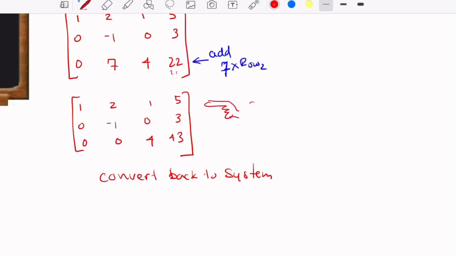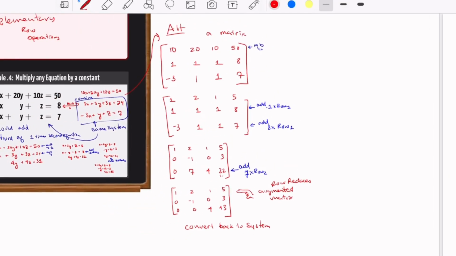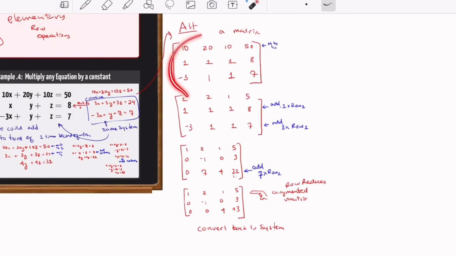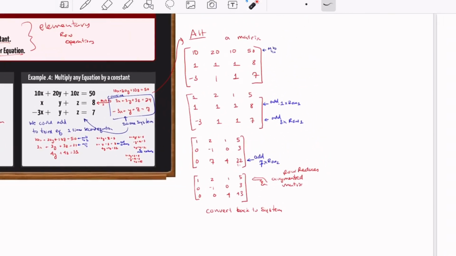Sometimes this is called the augmented matrix. This is called the row reduced or echelon form matrix. This is called the augmented matrix. And these are called elementary row operations. And then you get something beautiful. And then you can convert back.